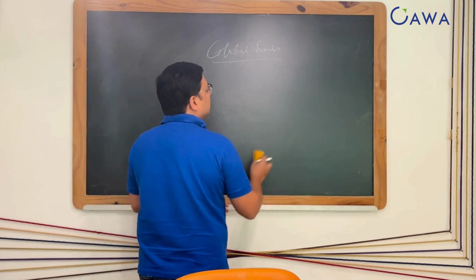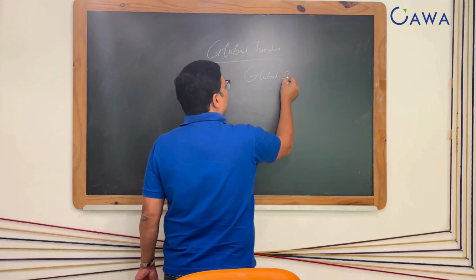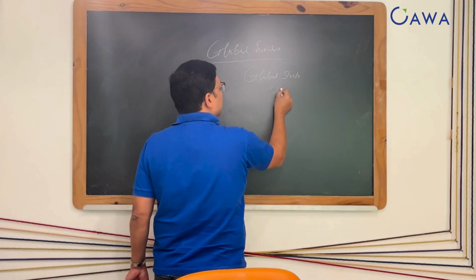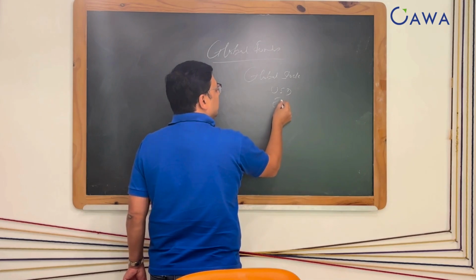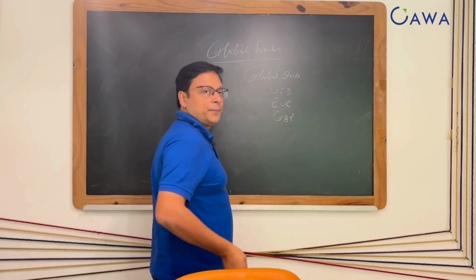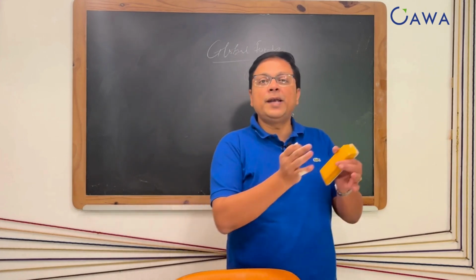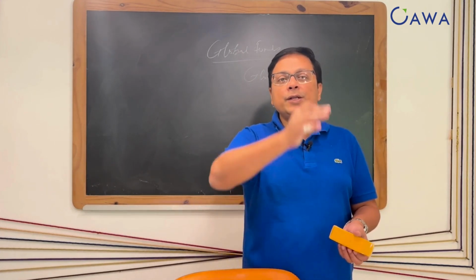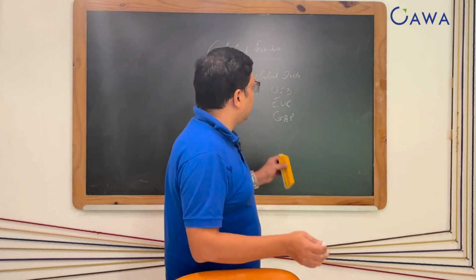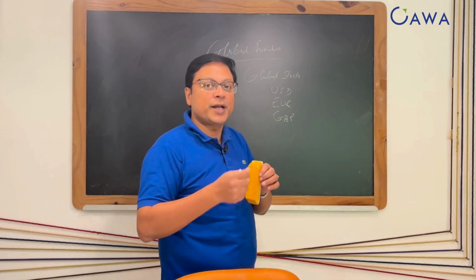So I would like to invest in a global stock. A global stock could be in US dollar, in euro, in Great Britain pound, whatever. So I am diversifying my risk away from the Indian stock market and moving into the global stock market. There are a set of investors who want that level of diversification as well.